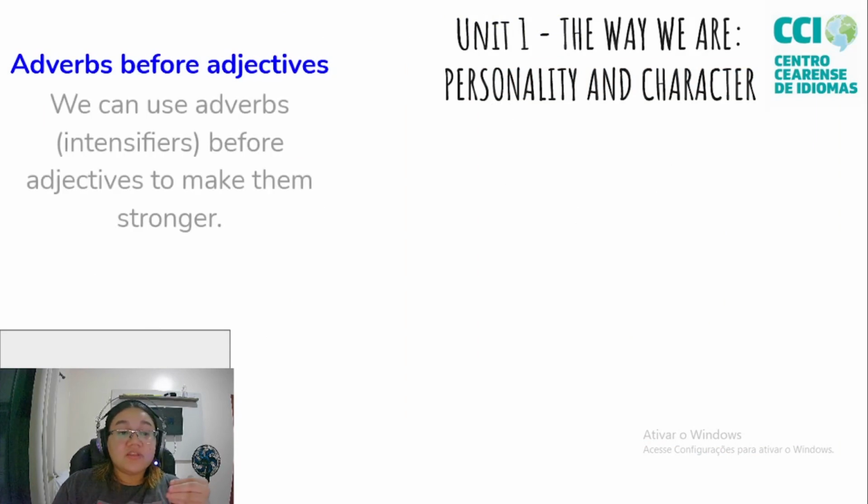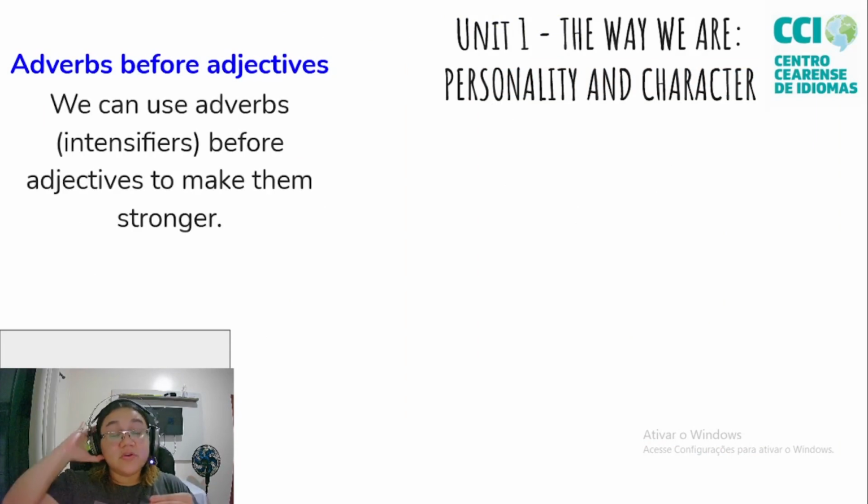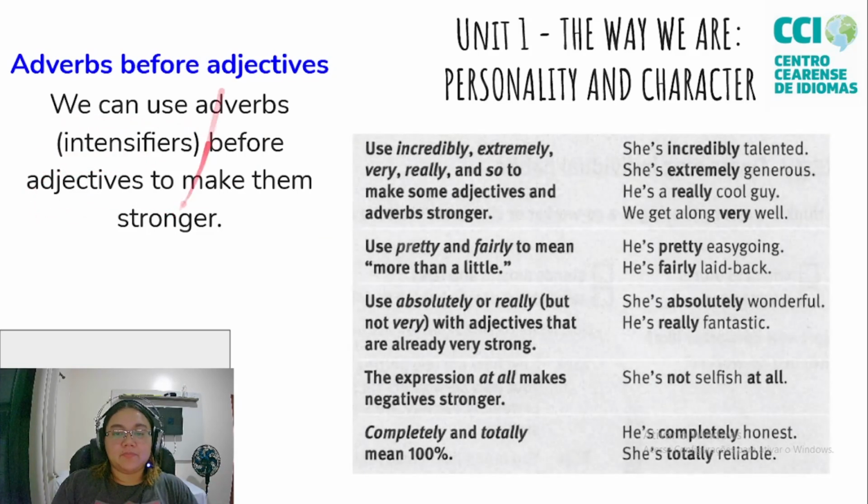We use adverbs before these adjectives to make the adjectives what? Stronger. That's why these adverbs are called intensifiers. They make the adjectives more intense. Let's see the examples. When we use incredibly, extremely, very, really, and so, we make adjectives stronger.